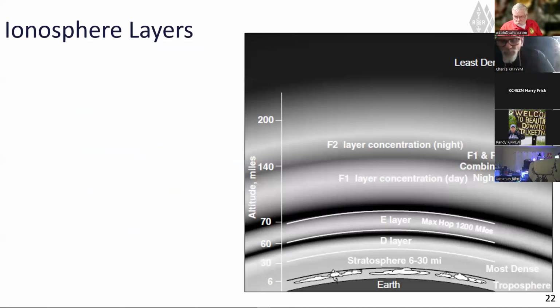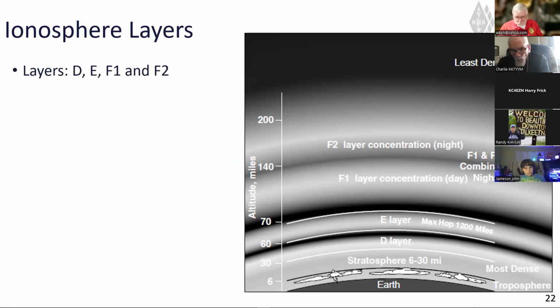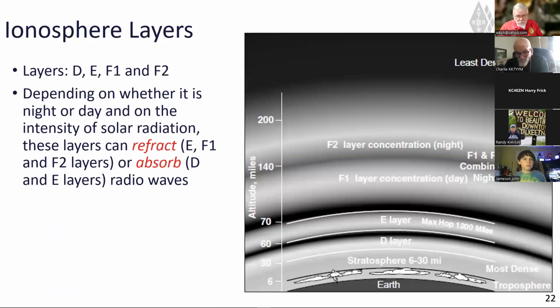The ionospheric layers: layers D, E, F1, and F2. Depending on whether it is night or day and on the intensity of solar radiation, these layers can refract (the E, F1, and F2 layers) or absorb (the D and E layers) radio waves.